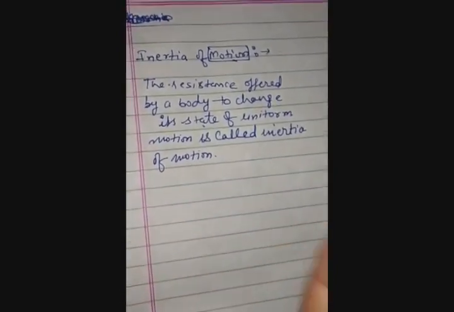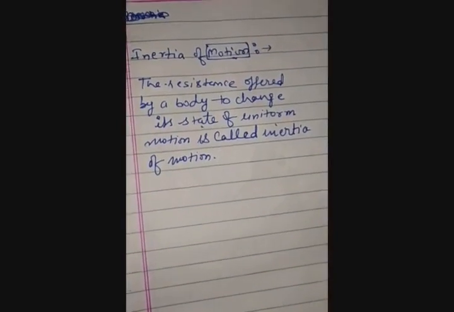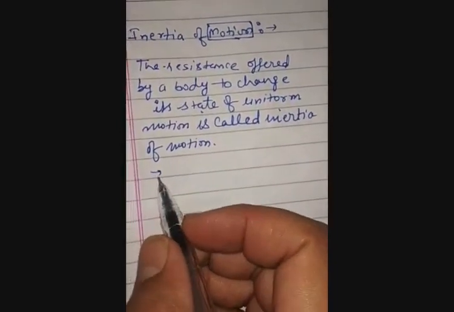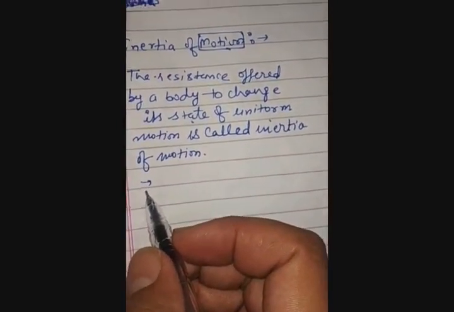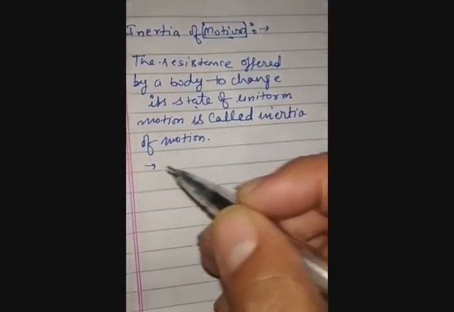In it we can include many examples. A very simple and common example: if a person jumps from a moving bus in the direction of motion of the bus, he falls forward.